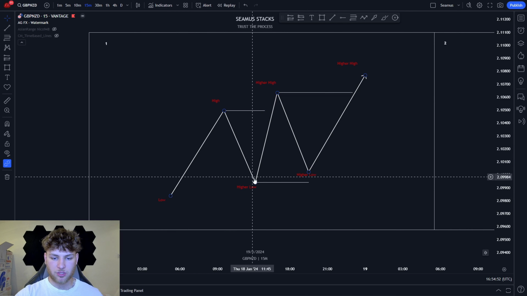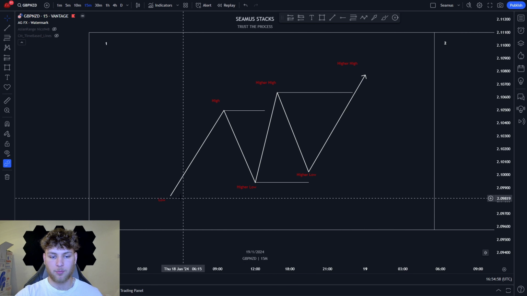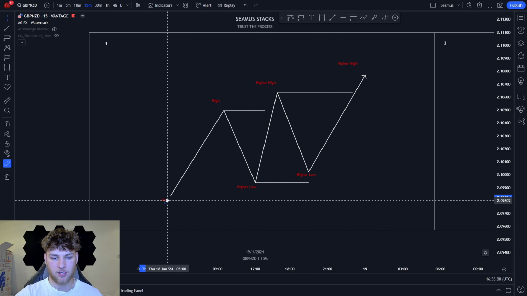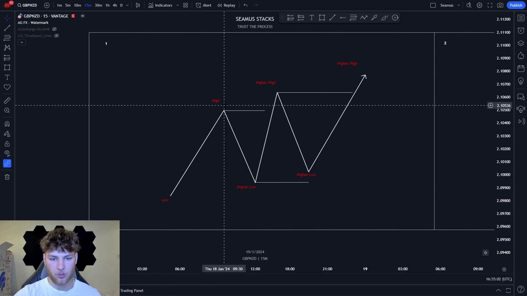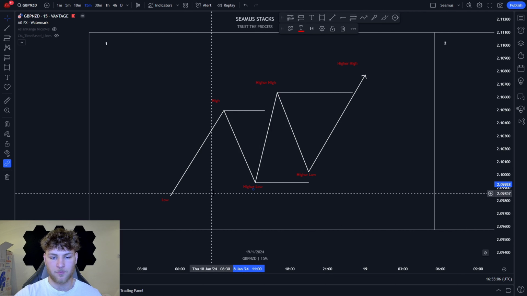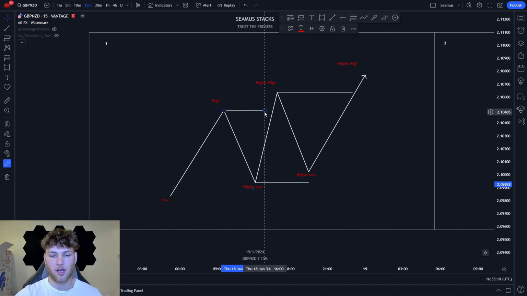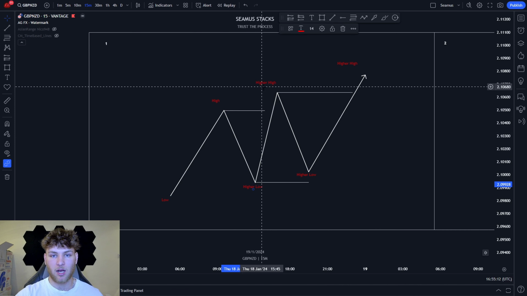Then, once price retraces down, it creates a higher low. Why is this? Well, because it didn't drop below the prior low that was made here. Okay, so we've got a low, we've got a higher low because it's higher than this low, and price comes up and breaks past this previous high, meaning we now have a higher high.